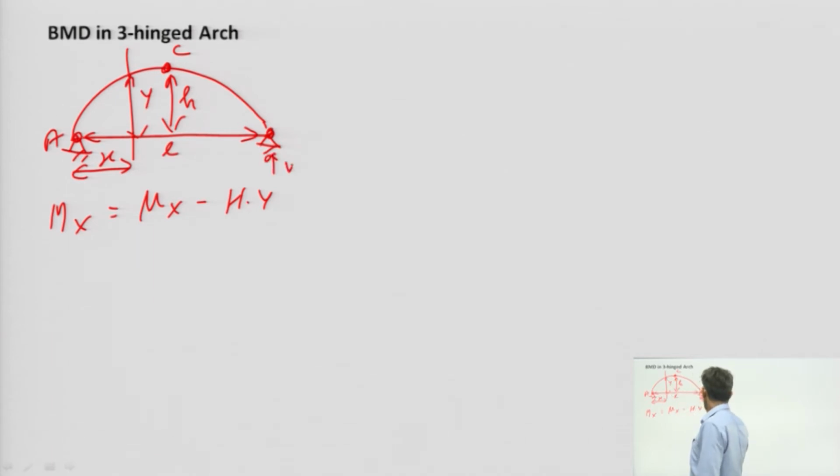This is the vertical reaction, say this point is B. So, it is V B and V A, and horizontal thrust H.